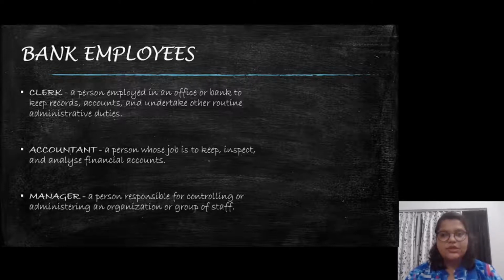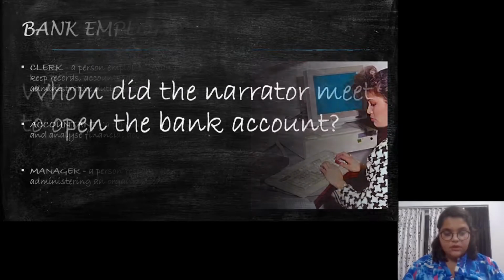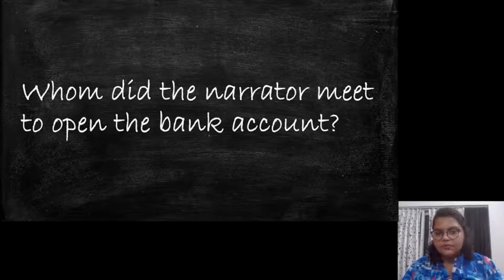So the manager is the person who looks after the staff, who looks after the administration, who looks if the employees are doing their work correctly. Also, the manager is responsible for controlling the branch, to control the office, isn't it? So we saw the clerk, the accountant, and the manager. As you can see, the person in the photo might be a clerk or an accountant, isn't it? So whom did the narrator meet to open the bank account?